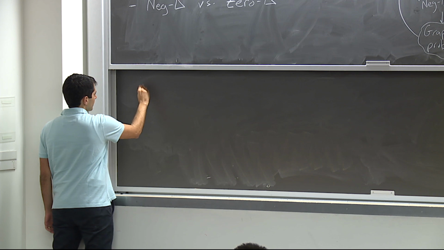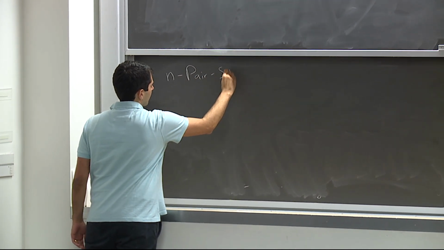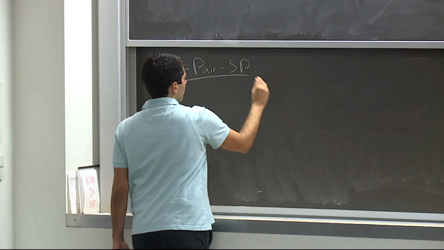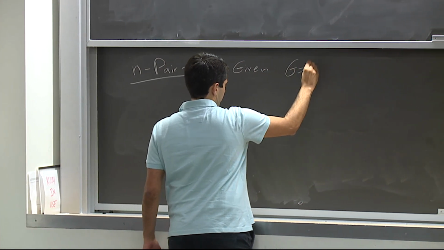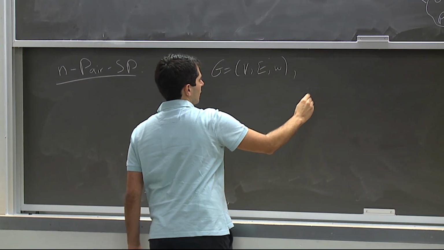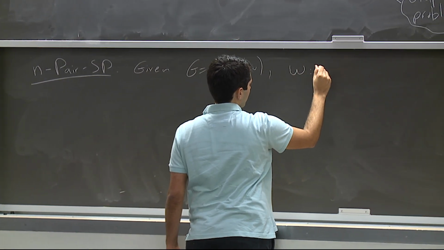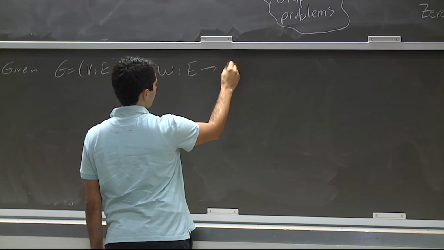So the problem is n pair shortest path. We're given a graph. It has weights, which are integers. Let's say they're positive.